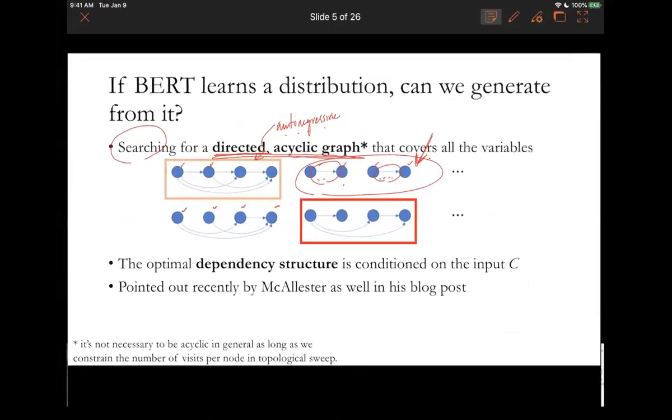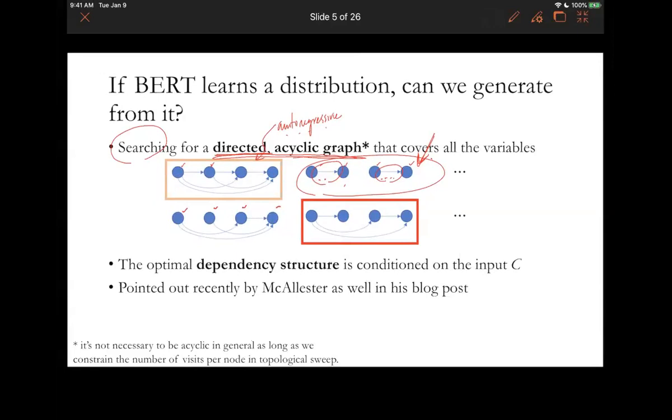If our selection of the generation order were the second one again, then what it says is that we can generate the first and third words simultaneously because they don't depend on each other. And then we can also generate the second and fourth words simultaneously because they don't depend on each other, given the first and third words. And then we get a similar thing in the case of the third one as well.